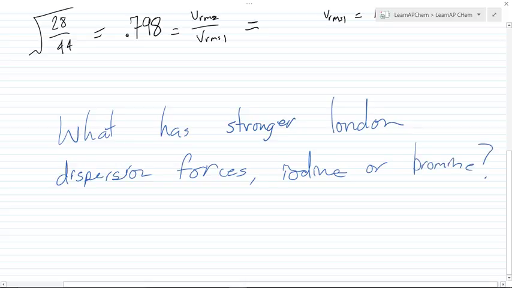This is a really common one. And the real question here is, what does the electron situation look like? So exactly, the one with more electrons is going to have stronger London dispersion forces.